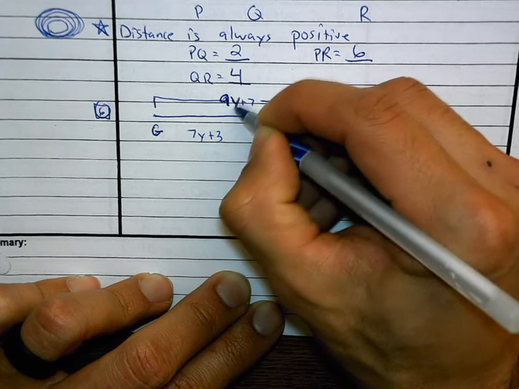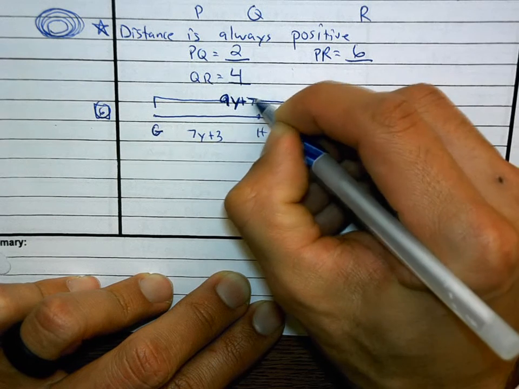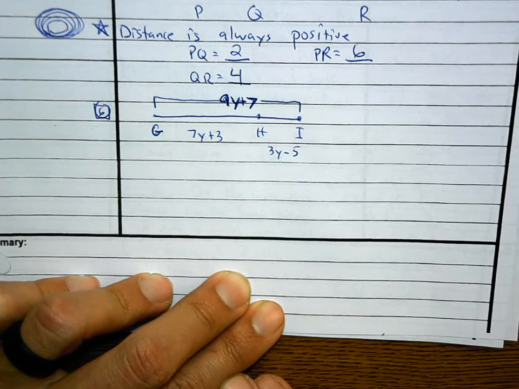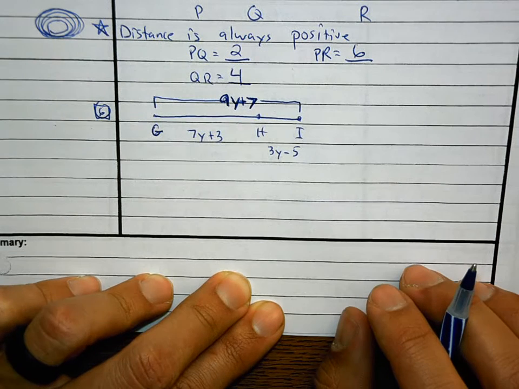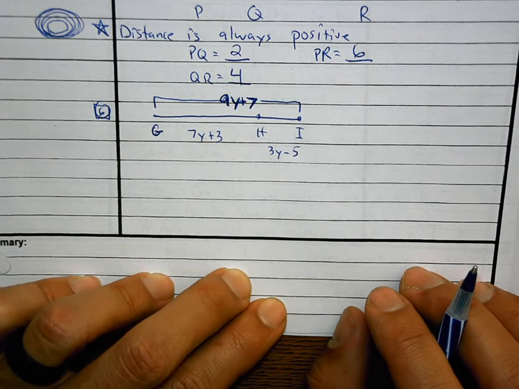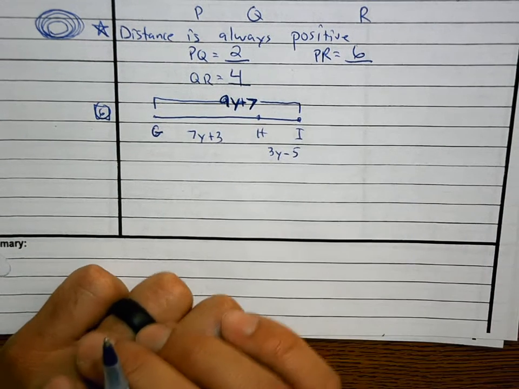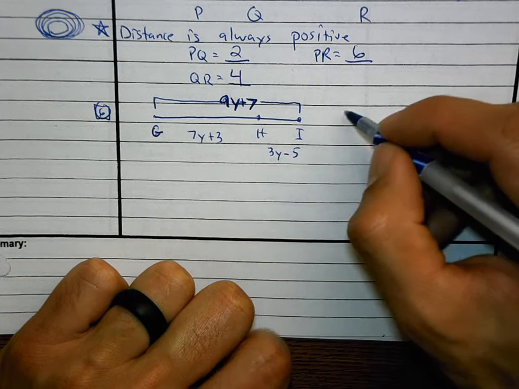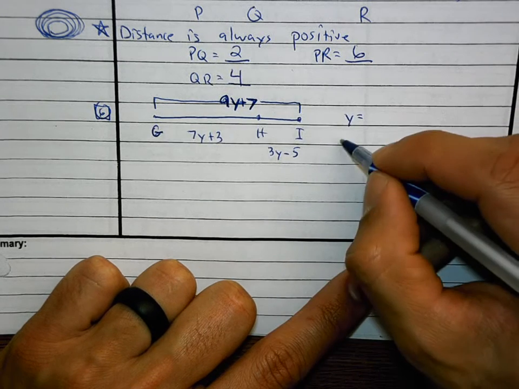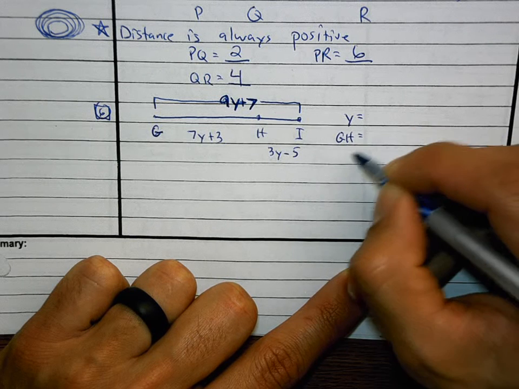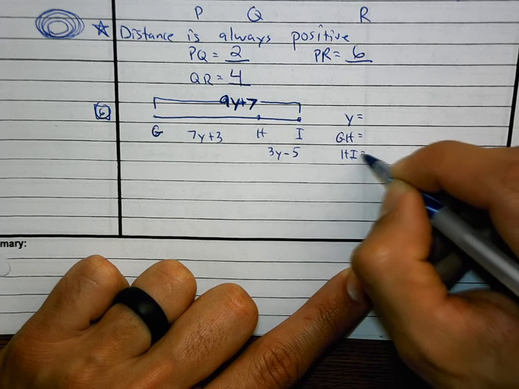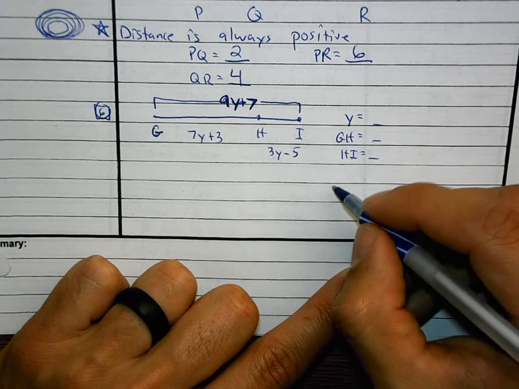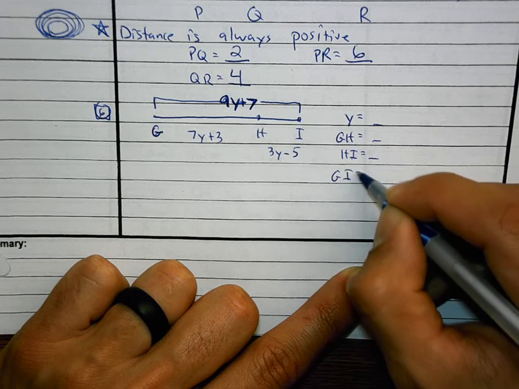So what it's going to ask you for, it's going to say what's y equal to, what's GH equal to, what's HI equal to, and what is GI equal to.